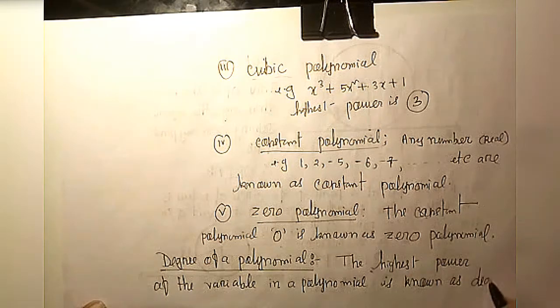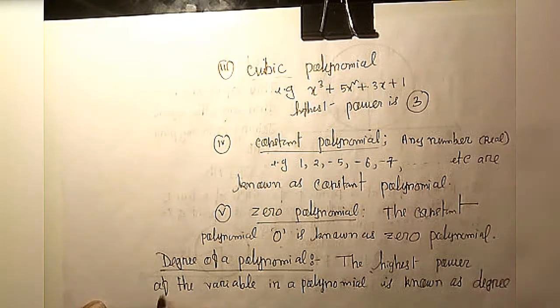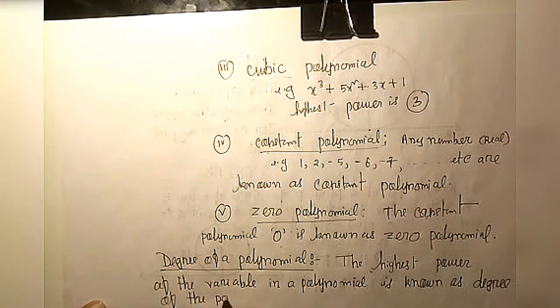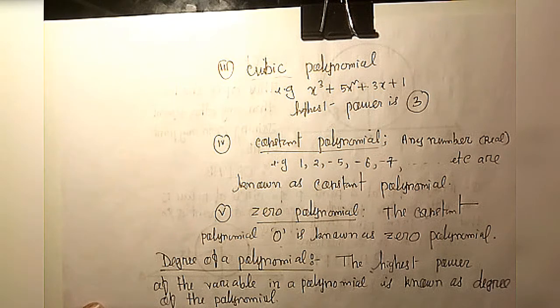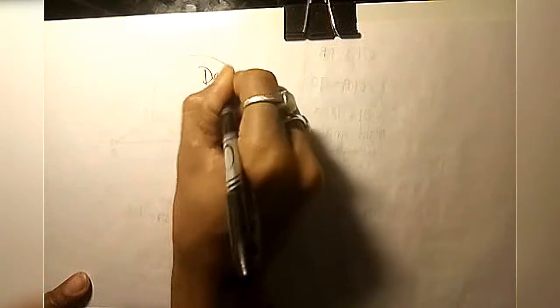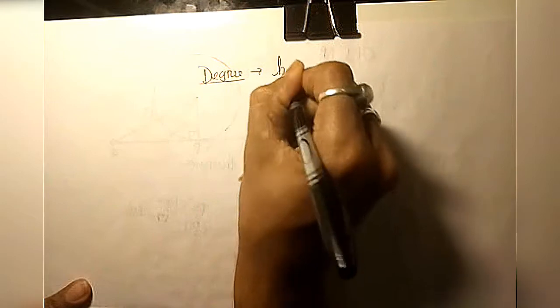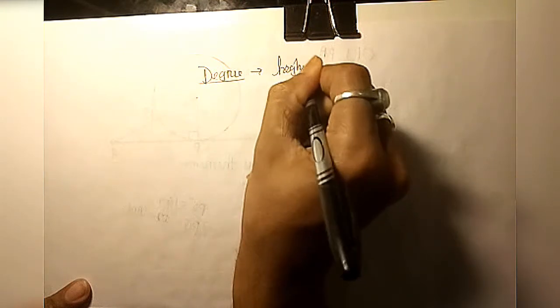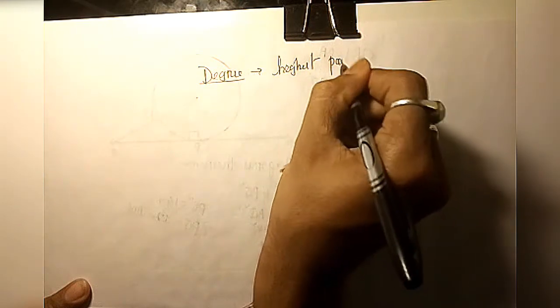The highest power always represents the degree. So degree means the highest power of a variable in the given polynomial.